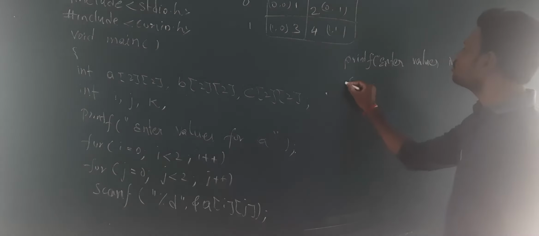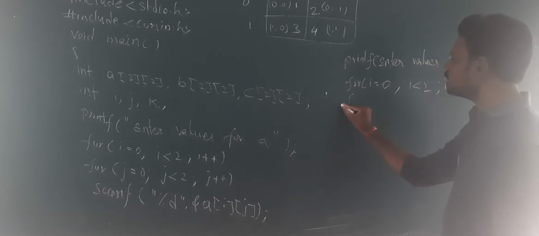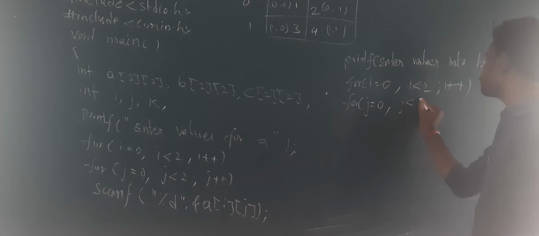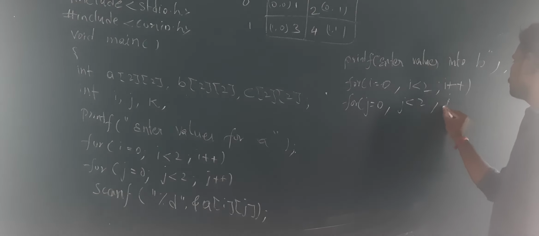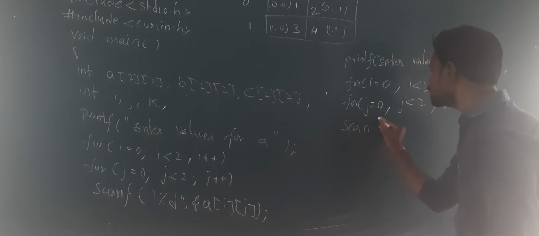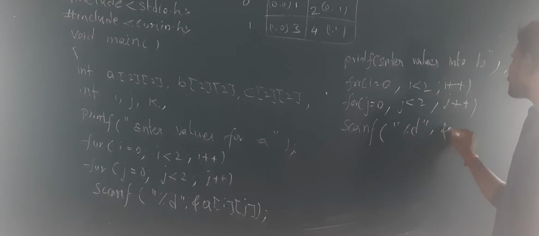That is for I equals to 0 and I less than 2 and I plus plus. Okay, and then for j equals to 0 and j less than 2 and j plus plus. And here I will be accessing elements for what? Yeah, D matrix, that is percentile D, and I will be putting that into what? Ampersand of D of I and J.